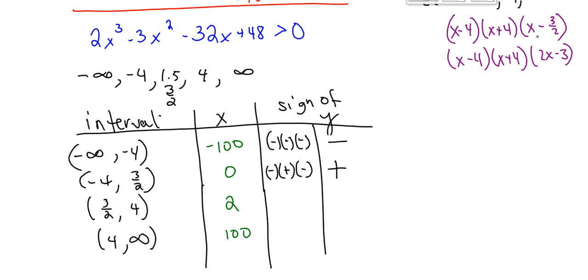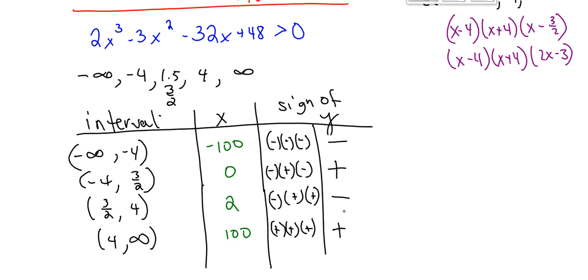So I'm going to get a negative times a positive times a positive. And if I use that 4 minus, that would have been maybe a little bit easier. And that will be a negative answer. If I put in 100, it's going to be positive times a positive times a positive, and that's going to equal a positive.